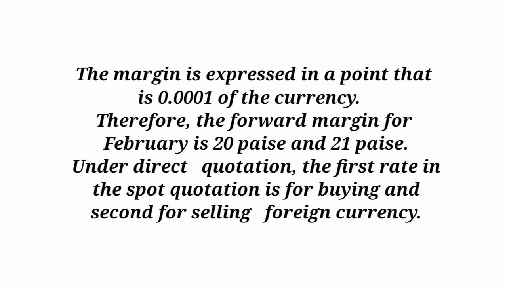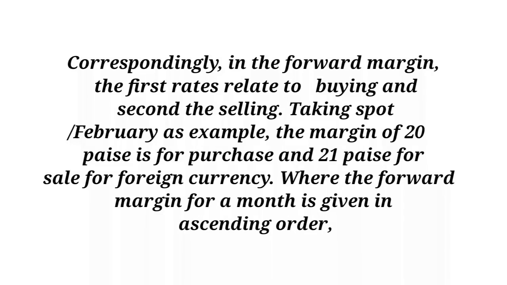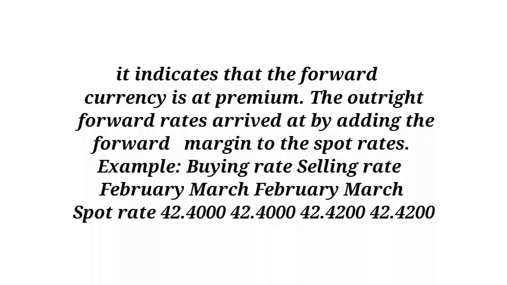Under direct quotation, the first rate in the spot quotation is for buying and the second for selling foreign currency. Correspondingly, in the forward margin, the first rate relates to buying and the second to selling. Taking spot February as an example, the margin of 20 paise is for buying and 21 paise for selling foreign currency. Where the forward margin for a month is given in ascending order, it indicates that the forward currency is at a premium.